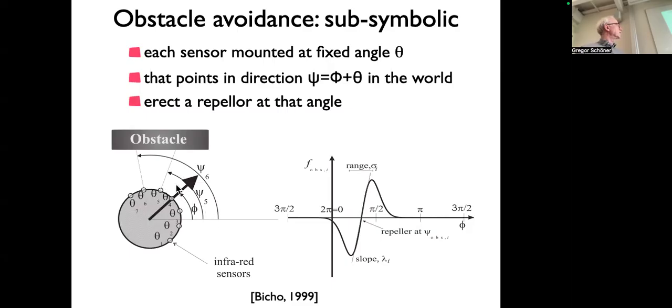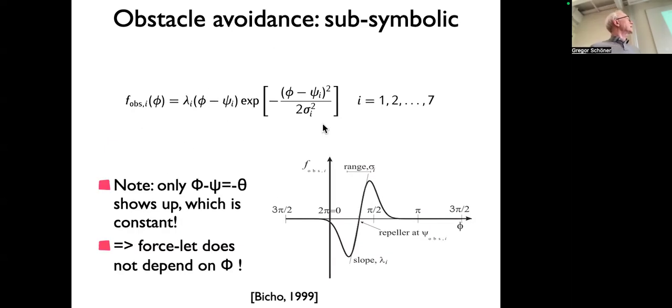That's this angle here, right? That's a constant. That's how the sensor is screwed on, right? I can look that constant up, like 30 degrees, 60 degrees, or something like that. So in other words, here on the right-hand side, these are constants. So there isn't actually even any need for this purpose so far to really know phi, or psi for that matter, right? So that shows a little bit the charm of that, right?